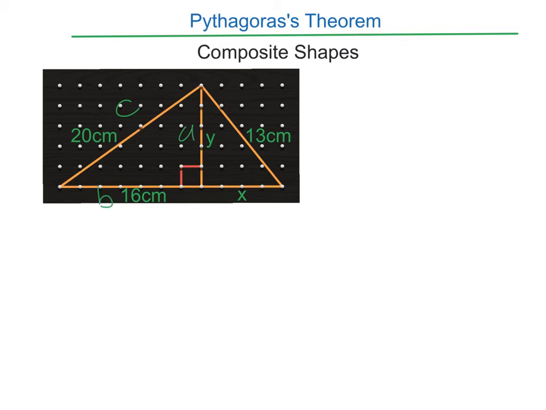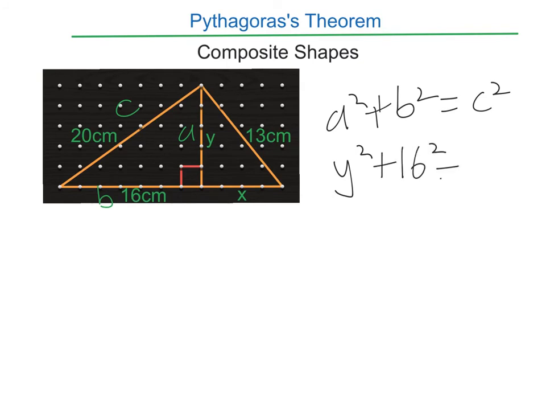So let's write down Pythagoras' theorem. A squared plus B squared equals C squared. Substituting in, then I will have y squared plus 16 squared equals 20 squared, and that's because B is 16, so B squared is 16 squared, C is 20, so C squared is 20 squared, and A is y, so A squared is y squared.